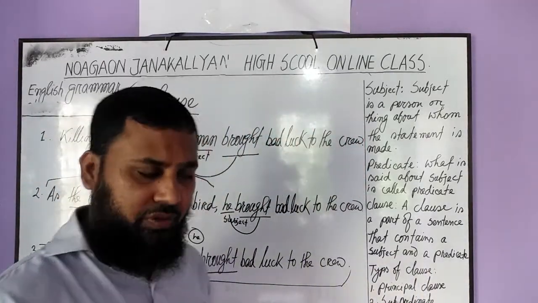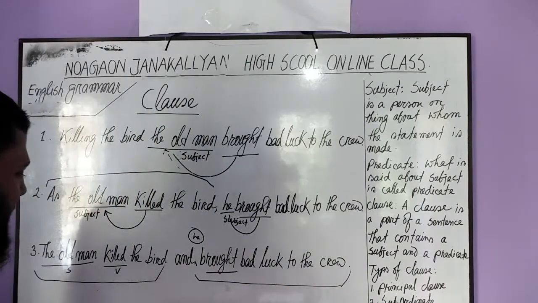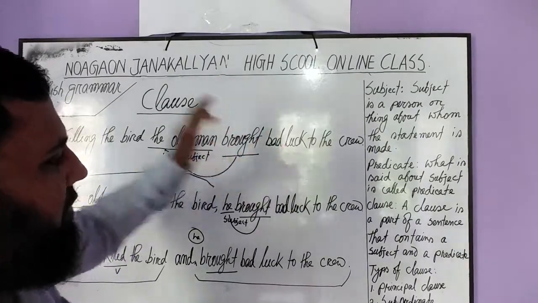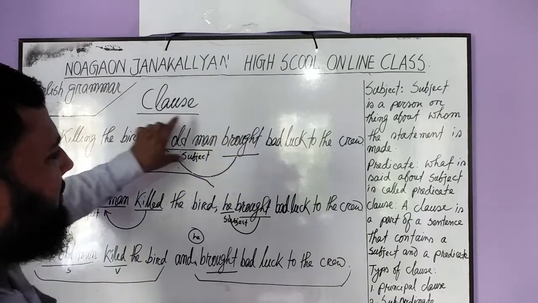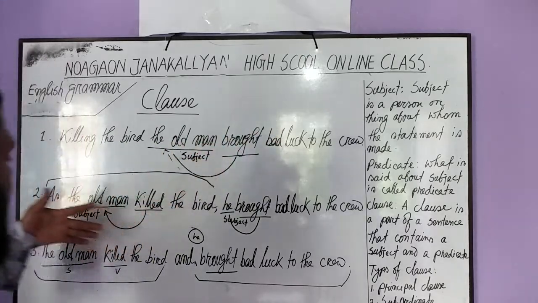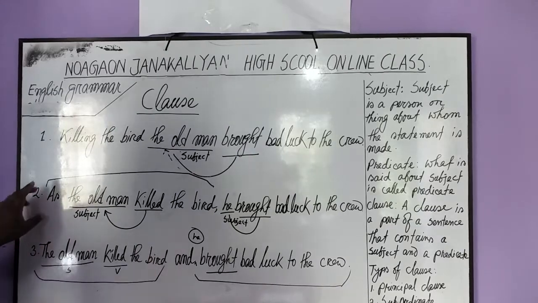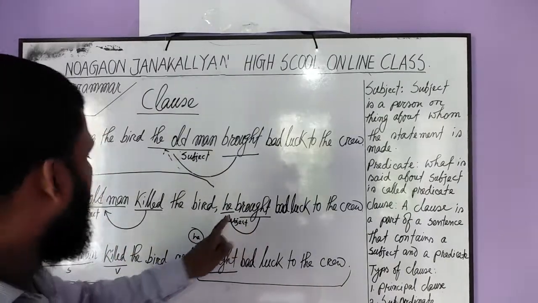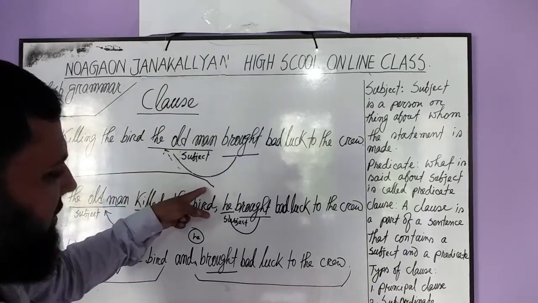I think you have got the point that in the first sentence there is a clause because it has a subject and a predicate, so it's a single clause. In the second sentence we can see that there are two clauses because there are two subjects and two predicates. Killed the bird, it's a predicate.